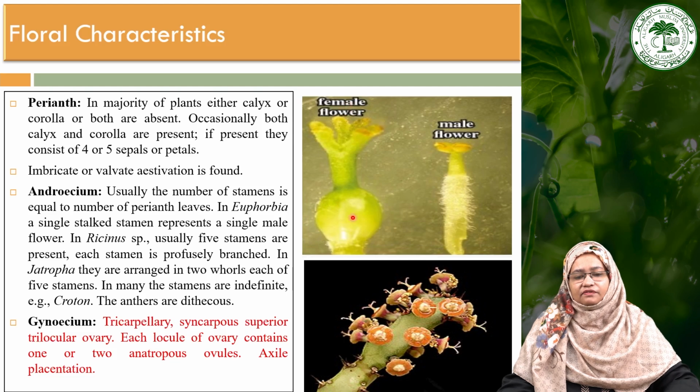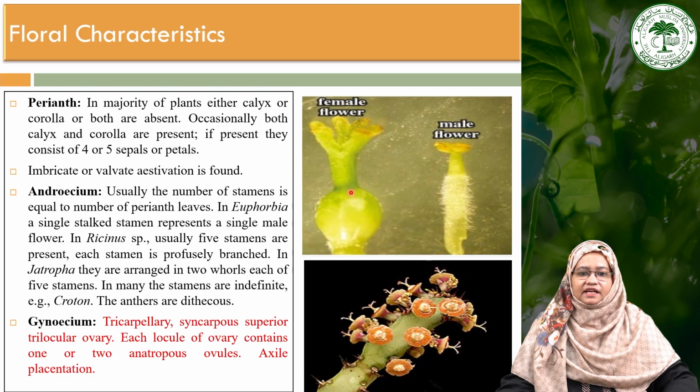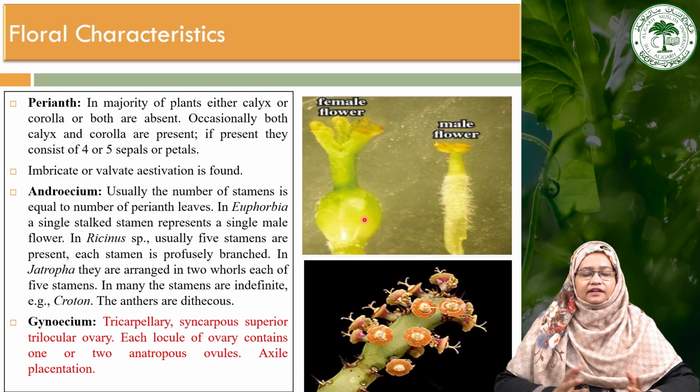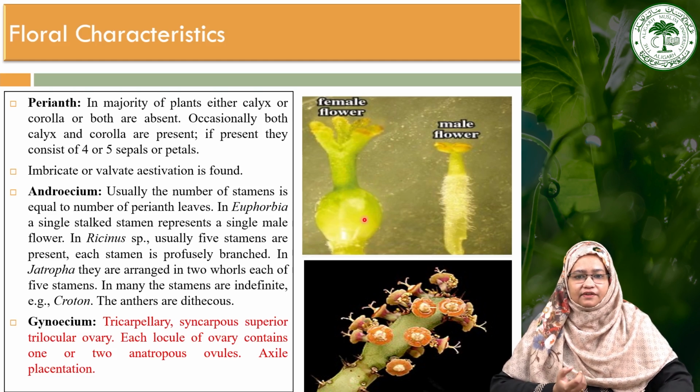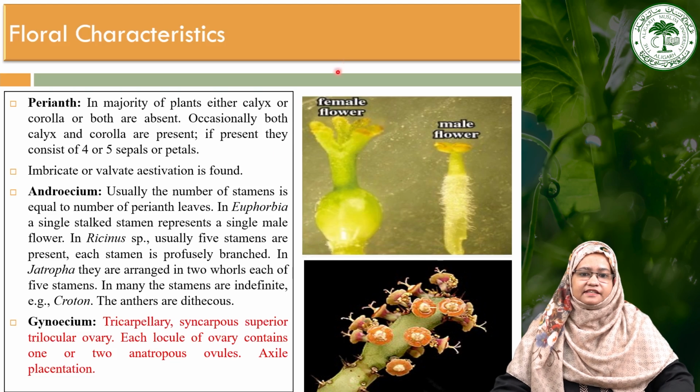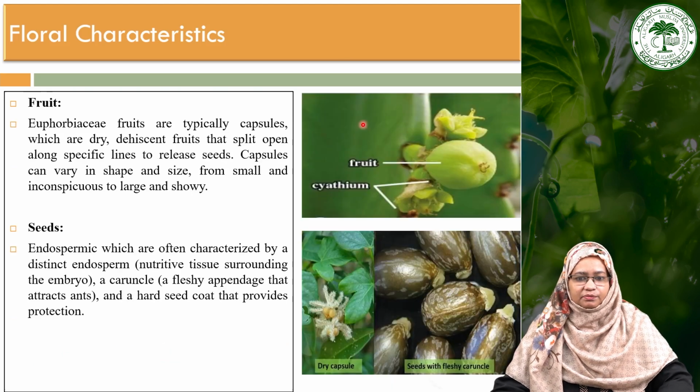This is a unisexual flower, represented by only the gynoecium, as we can see here. So this is a typically tricarpellary, syncarpous, superior ovary. Its lobes are quite visible also from the external surface. The mature fruit has a trilobed structure. This is the female flower of Euphorbia.